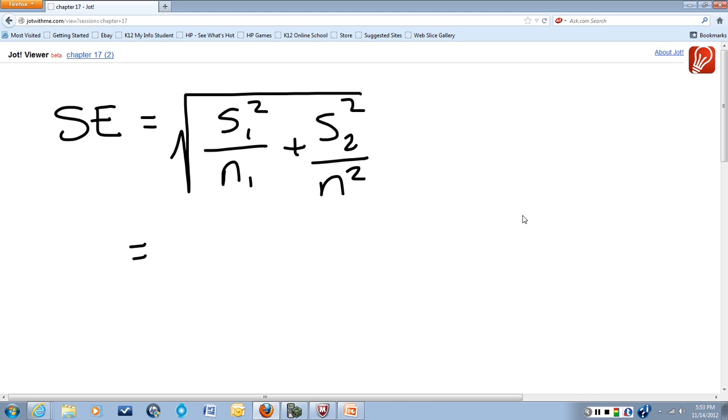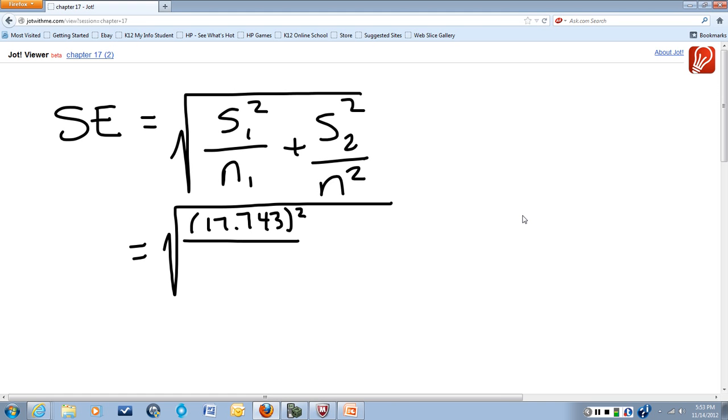Well, we have the square root of 17.743 squared over, the n on that one was 5, plus 21.453 squared, and the n on that one was 4.